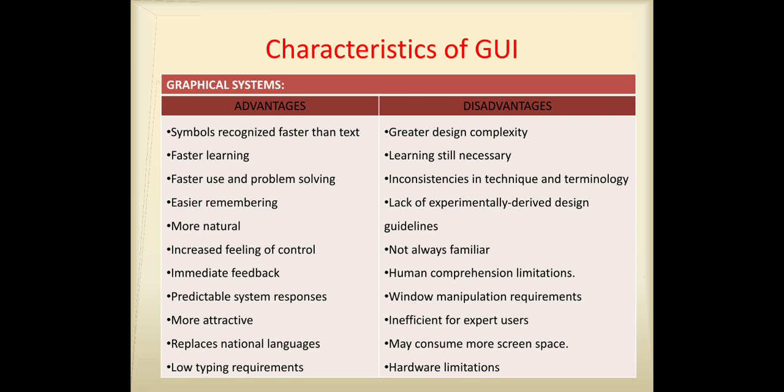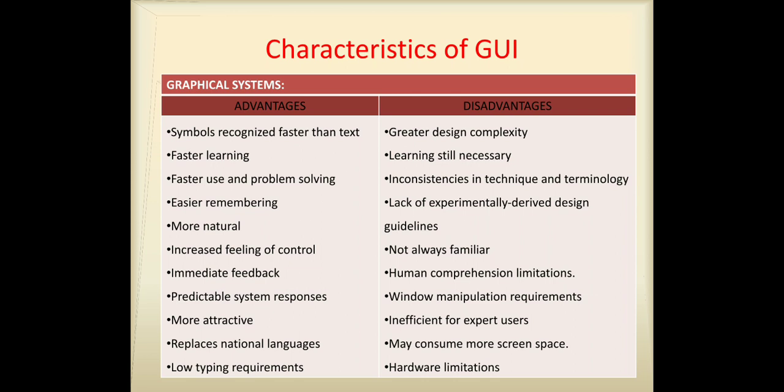Not all applications will consume less screen space. A listing of names and telephone numbers in a textual format, for example, will be more efficient than scanning every card file, right?